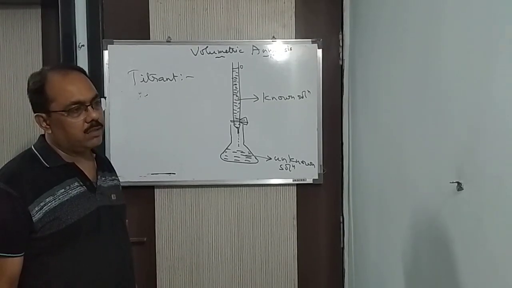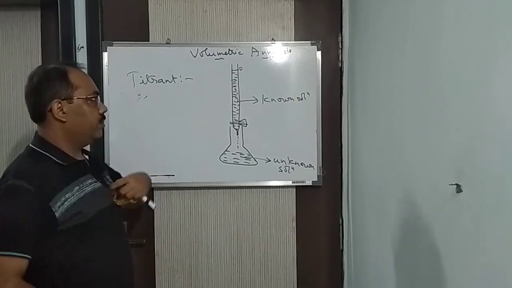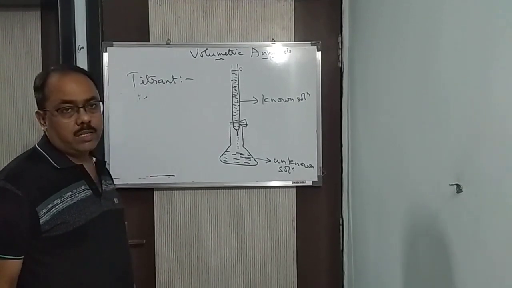Examples: oxalic acid, potassium dichromate, silver nitrate, copper sulfate, etc.